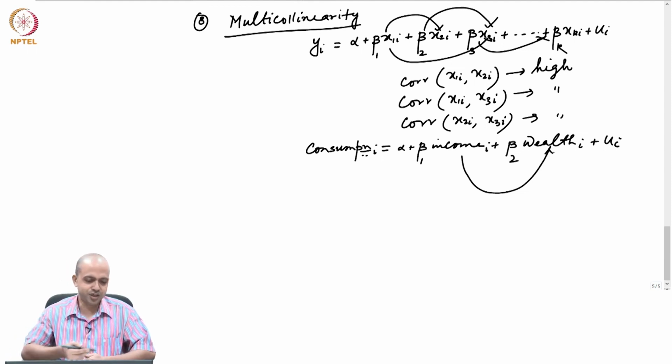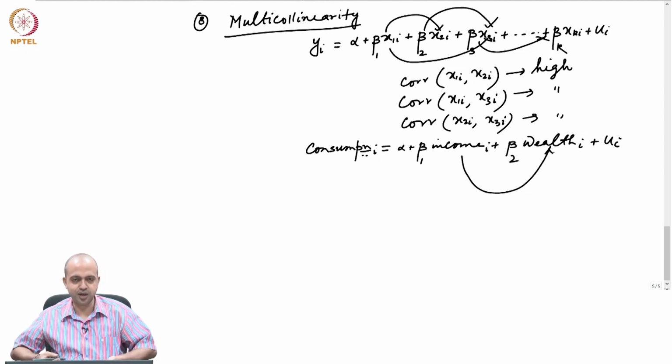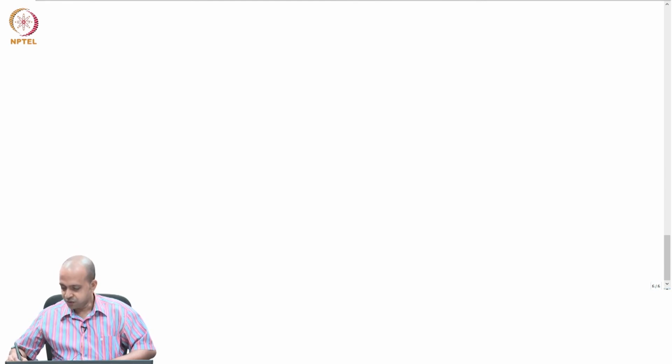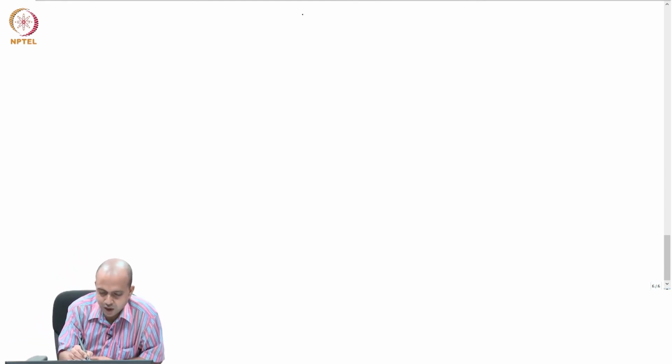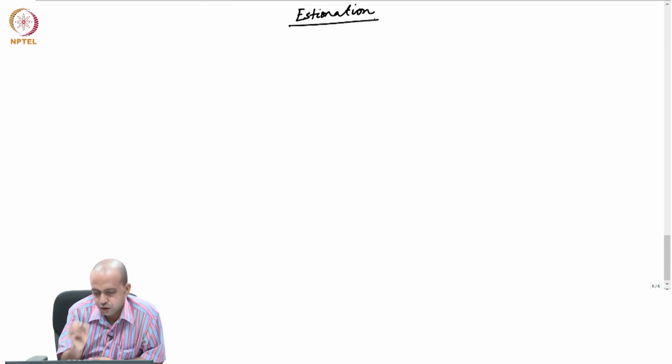So once we specify these assumptions, the next step is how to estimate the model. I will try to make you understand the estimation procedure, once again with a simple diagram.